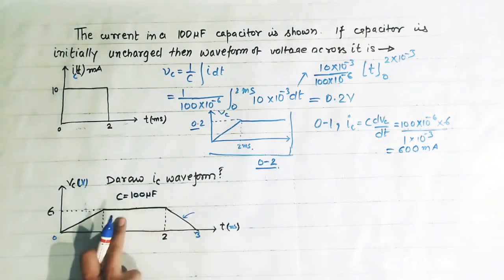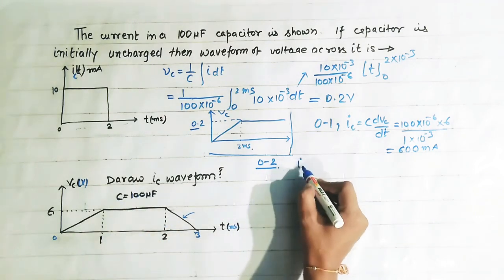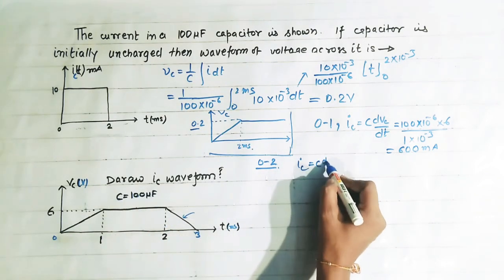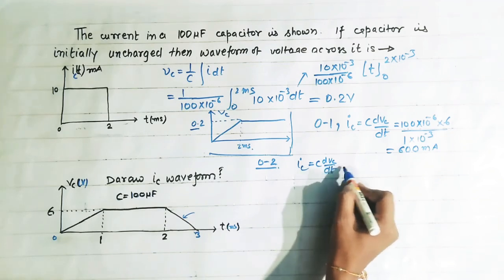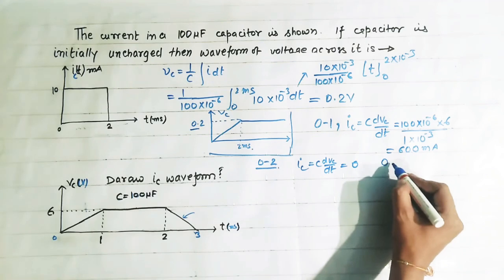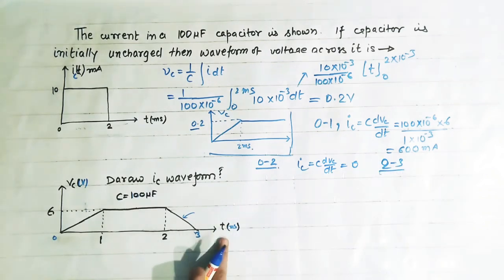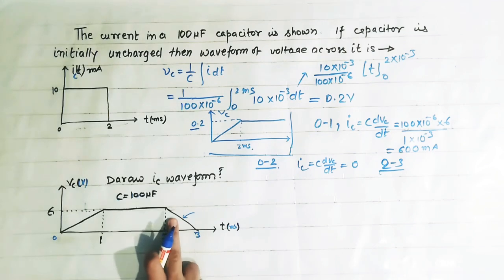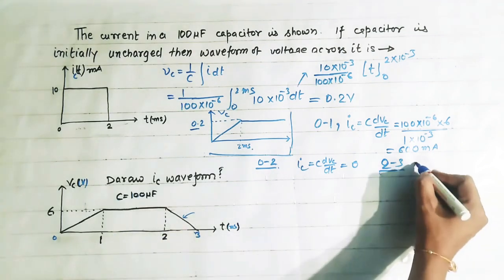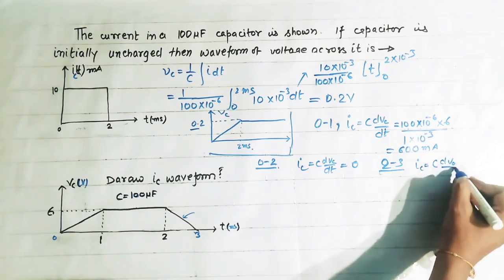Now from 1 to 2 this function is constant, and differentiation of a constant function is equal to 0. So IC is equal to C dVc by dt, and that is equal to 0. Now see, from 2 to 3 second, again this is a straight line function and differentiation of a straight line is a constant function. So we can again write IC is equal to C dVc by dt.